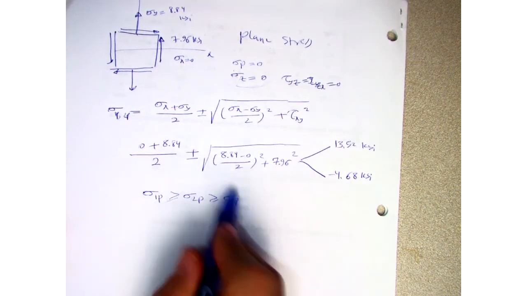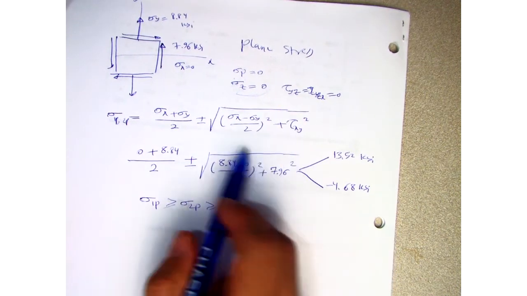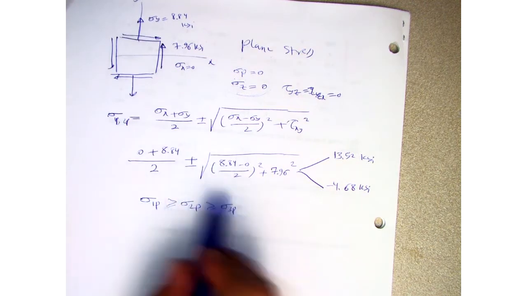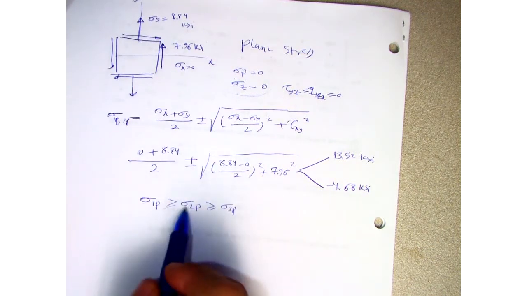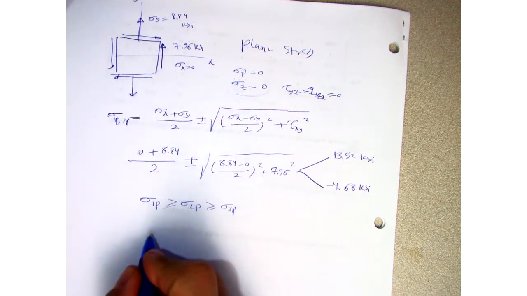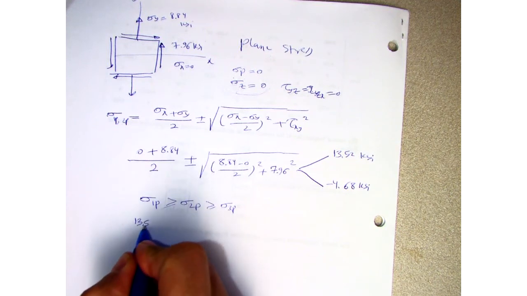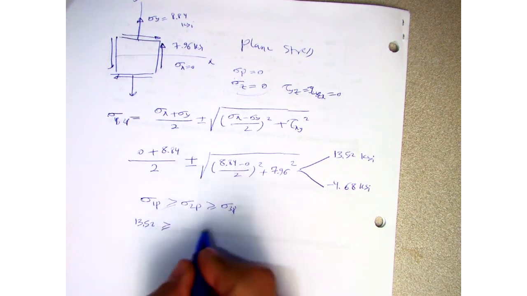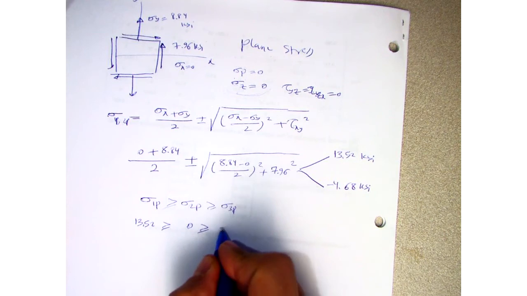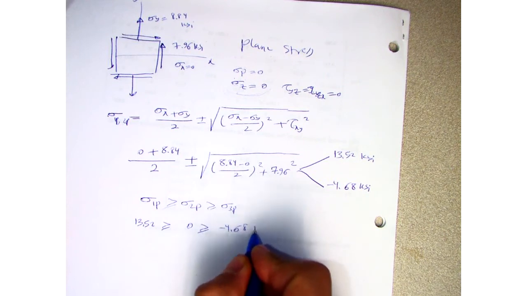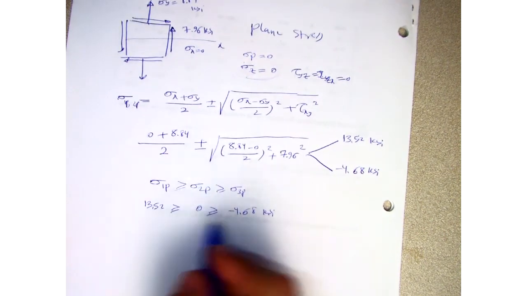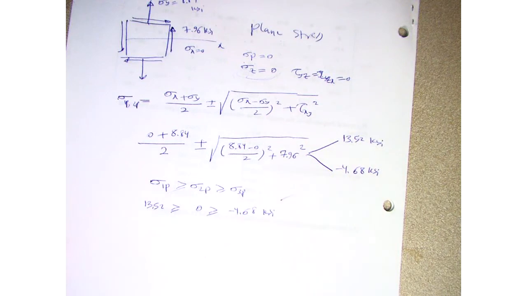So if I sort my principal stresses for this case, as you see here, my sigma 1p is going to be 13.52. The second one is going to be 0. The last one is going to be negative 4.68 KSI. So these are my three principal stresses.